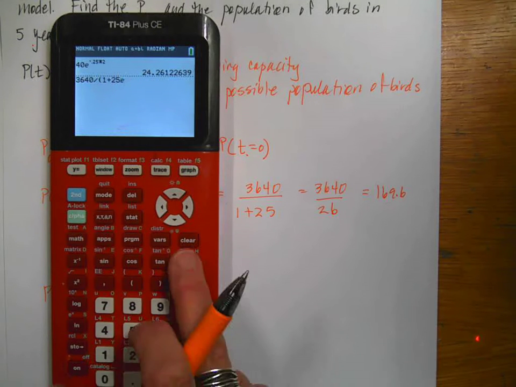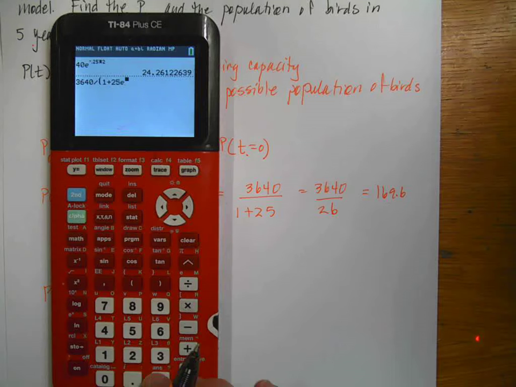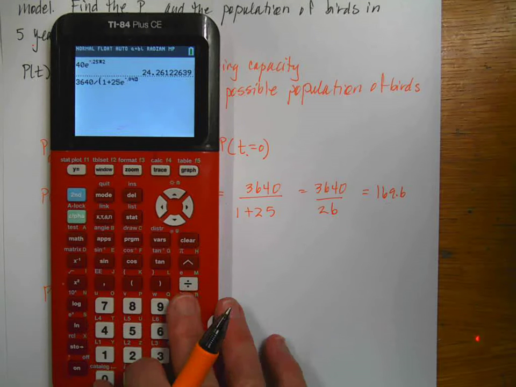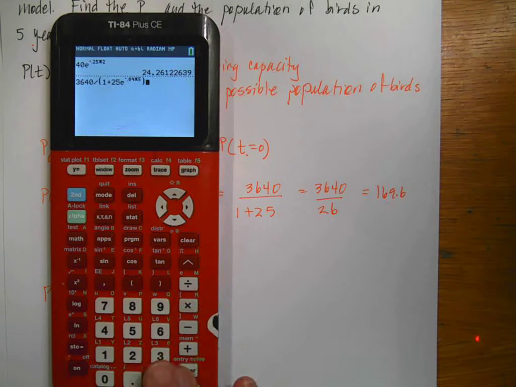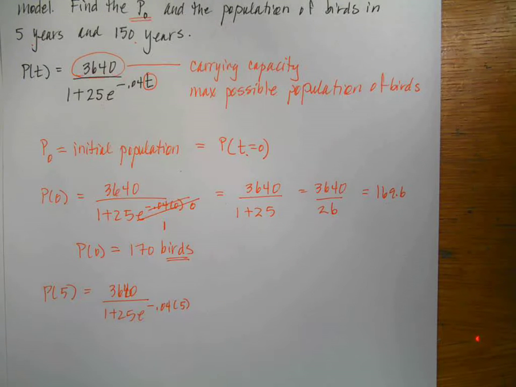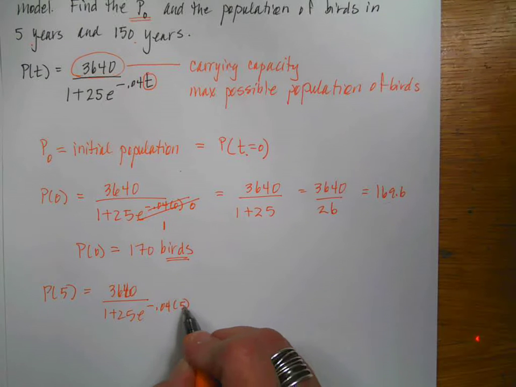So it's going to be 1 plus 25 second e raised, and I have a negative 0.04 times 5, and then I'm going to close the denominator, and I'm going to hit enter. So did I do that right? I think I did that right. 3640 divided by, yes.